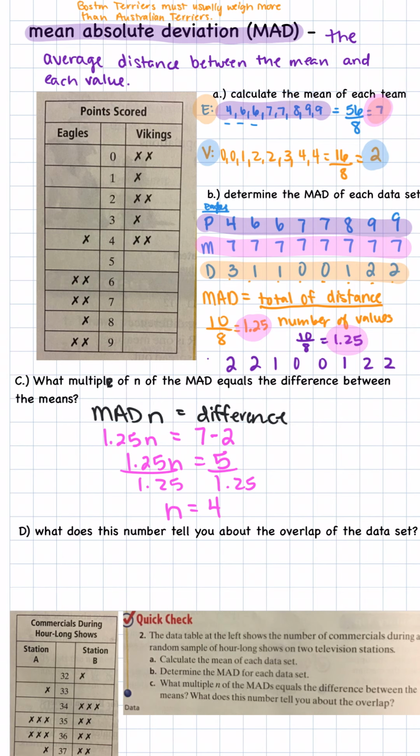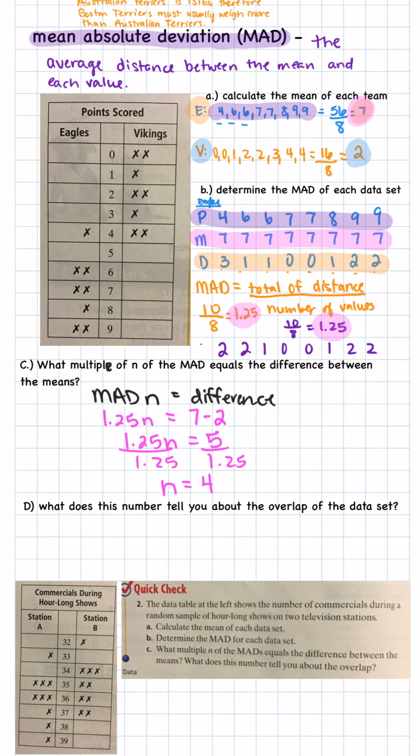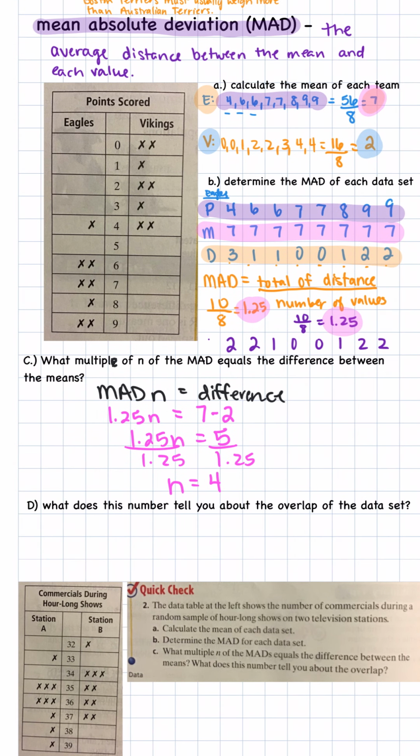So what does this number tell you about the overlap of the data set? The difference between the means is 4 times the MAD. That's what it tells us. So the distance between the centers of the data is greater than the variability of either data set.